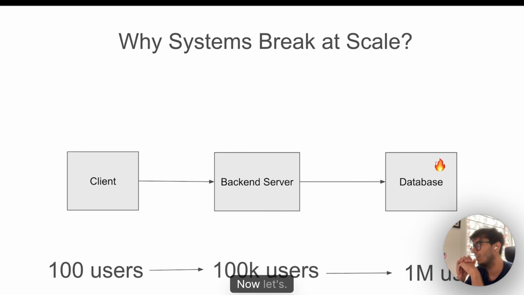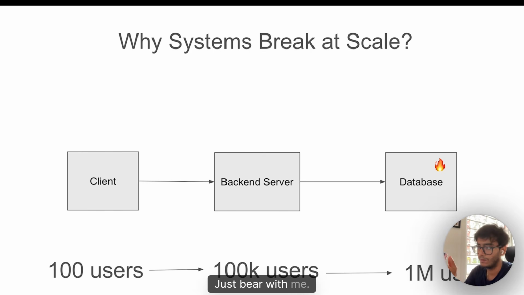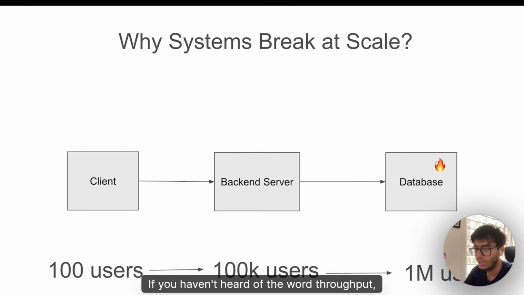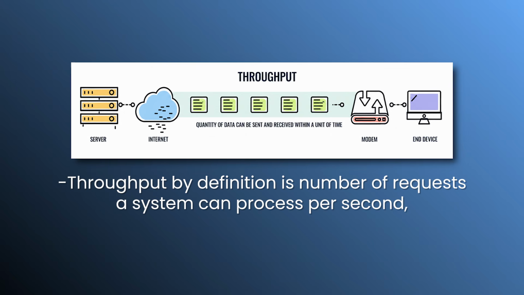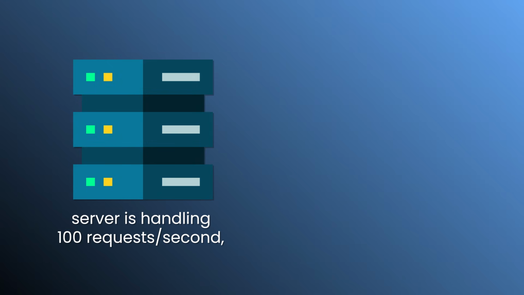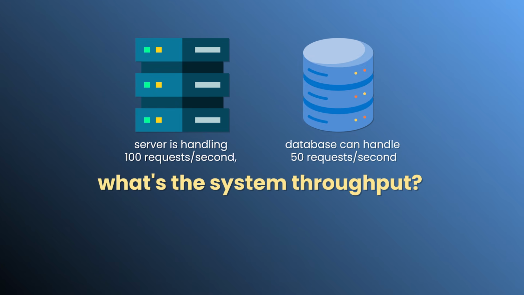Right? Now I know it's a bit early, but I want you to understand the concept of throughput. Just bear with me. If you haven't heard of the word throughput, I think you'll get a fair idea. Throughput by definition is the number of requests a system can process per second, right? So let's say your server is handling 100 requests per second and your database can handle 50 requests per second. Now the question is, what's the system throughput?